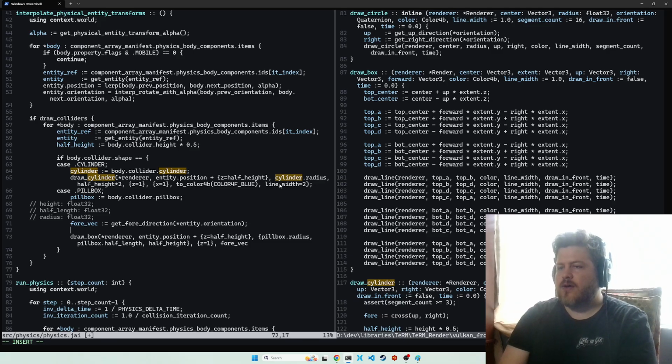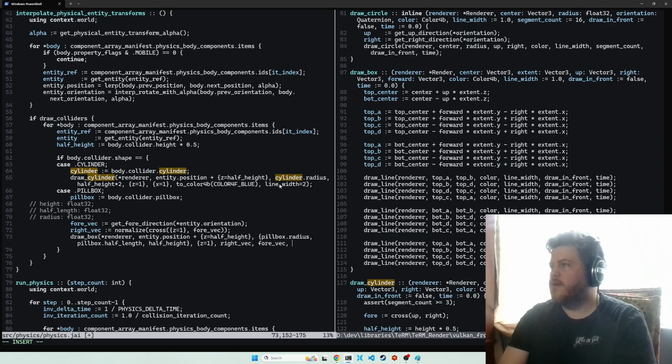So the right vector is normalize cross, z equals 1 is the height, and then forward. And I'll get us right. Oh wait, it's up, right, forward.